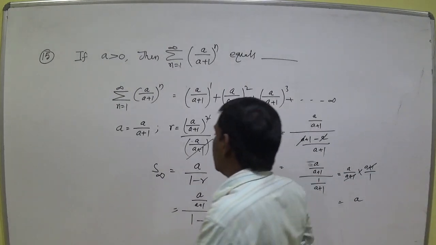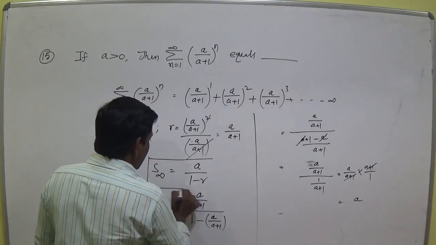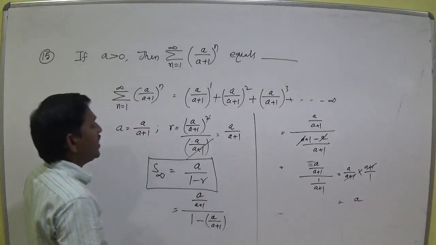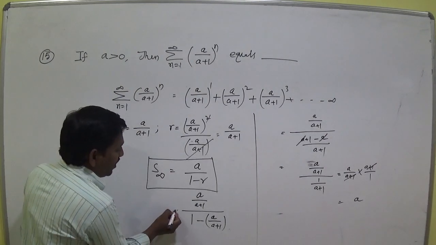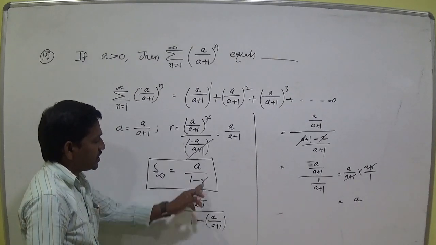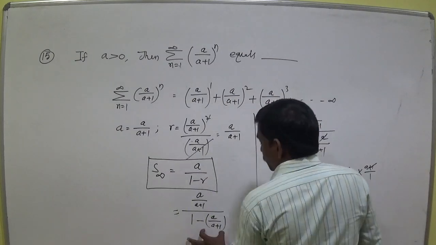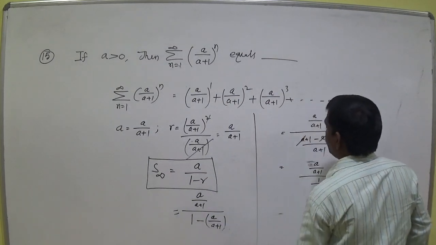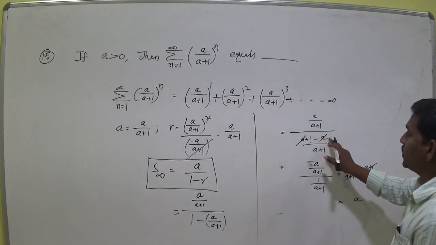So we know that sum of infinity is a by 1 minus r. Here what is the a value? A by a plus 1 by 1 minus r value, a by a plus 1. So here a plus 1 is the LCM. 1 into a plus 1 minus a.